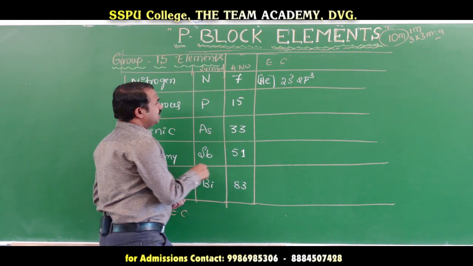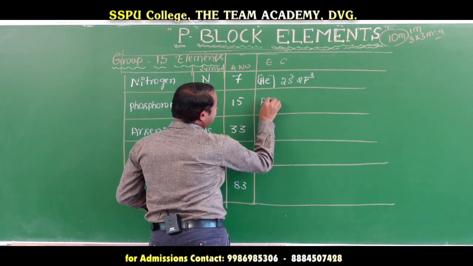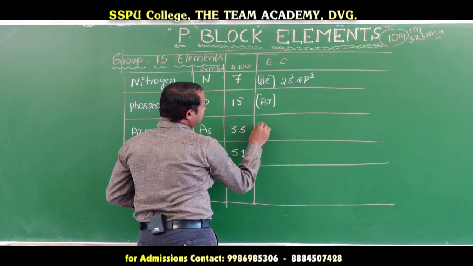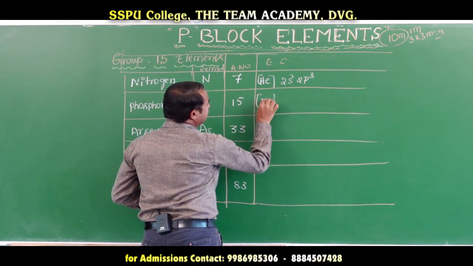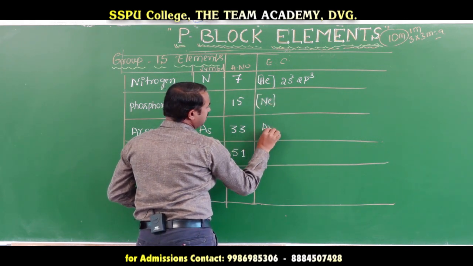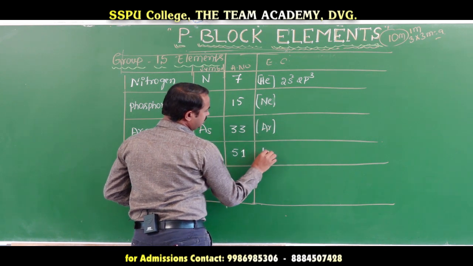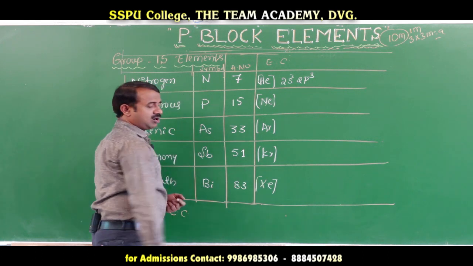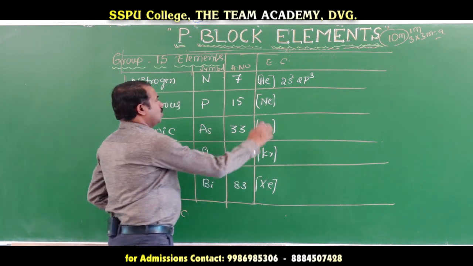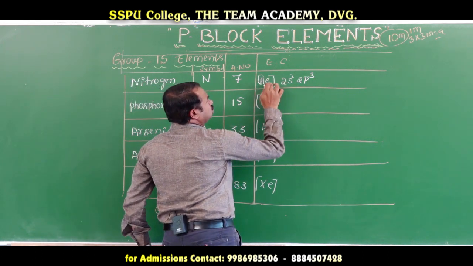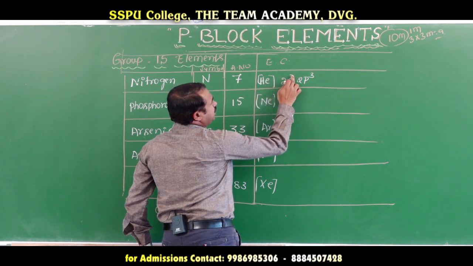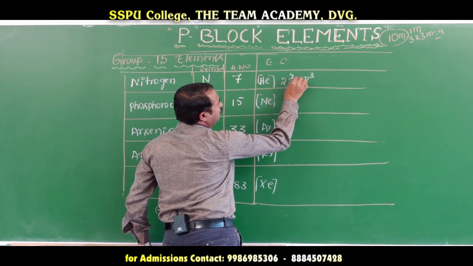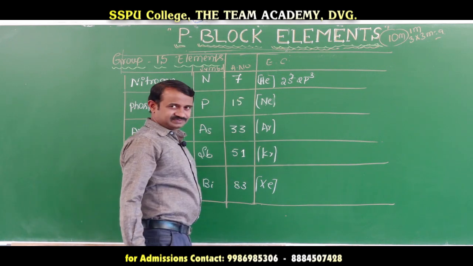Next the noble gas cores: helium, neon, argon, krypton, xenon. For nitrogen, 1s2, 2s2, 2p3: 2 plus 2 plus 3, 7.